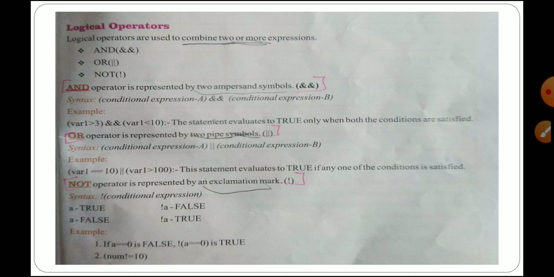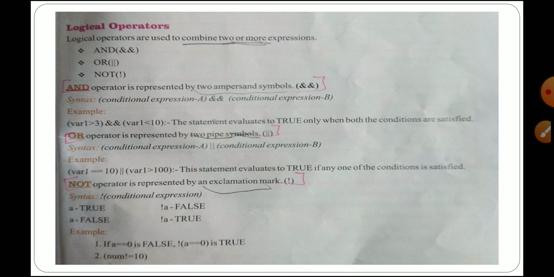You have to see that ampersand symbol within the block letters they gave. The expressions they gave down there are conditional expression A and conditional expression B. Conditional expression A means A less than B, and with the AND operator we use A greater than B. With this AND operator, if both expression A and expression B are true, the result will be true.